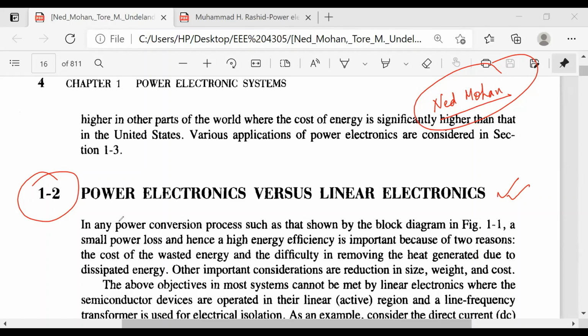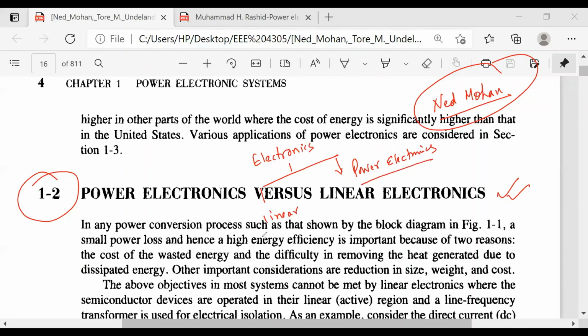So in electronics, you have to now tell me, we have two types of electronics here. One is linear electronics, another is power electronics, right?